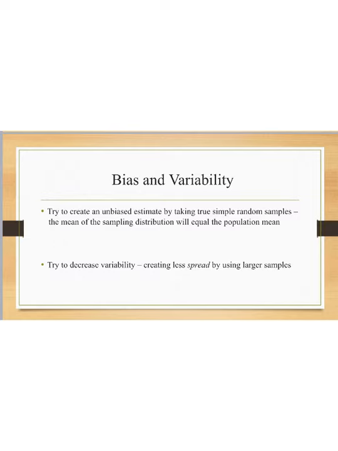Now, when we look at this, we want to make sure that we have an unbiased estimate. In other words, if we're working with heights, we want the center of our sampling distribution to truly be at the overall average of our school. And the way we would define that is the mean of the X bars equals mu.